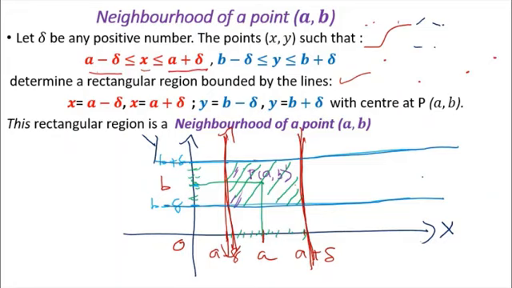The region which lies in this rectangular region is called the neighborhood of the point (A, B).